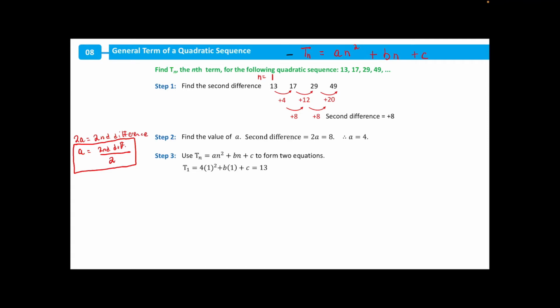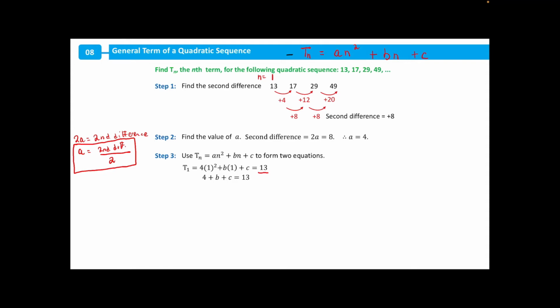This gives us T1, our first value, equals 4 times 1 squared plus b times 1 plus c, all equal to 13. This gives us 4 plus b plus c equals our first value, 13.